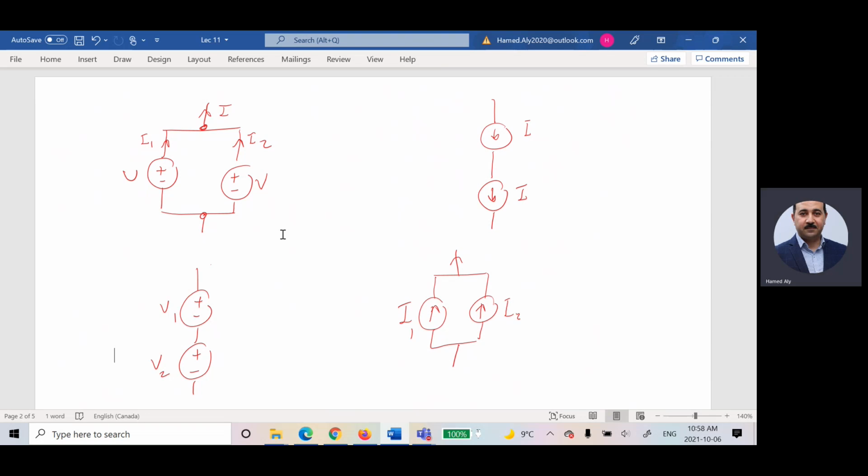Otherwise, if you connect two different sources, imagine the first example that I covered here, when I told you if you have a dead battery and a live battery and I connect them, one is going to feed the other one. And this could happen in real life while I'm connecting a generator in synchronism with the grid.